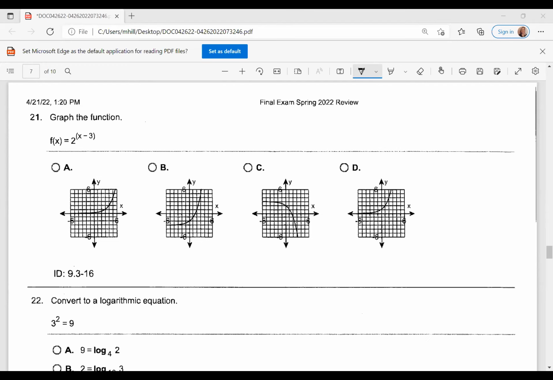Let me know which multiple choice answer you think it's going to be. I am seeing some A's here.